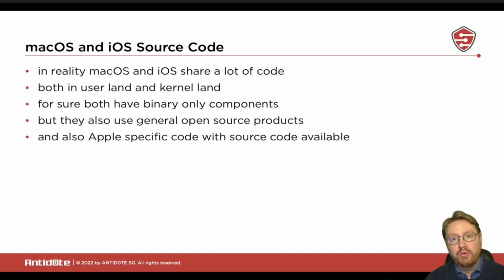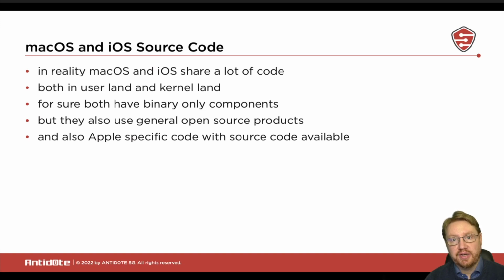For sure, both systems have some closed source, binary-only components, stuff that Apple wants to keep secret, or stuff that comes from third parties. But that's just some part. In other parts, both systems use general open source software that you will find on any other Unix-like system.